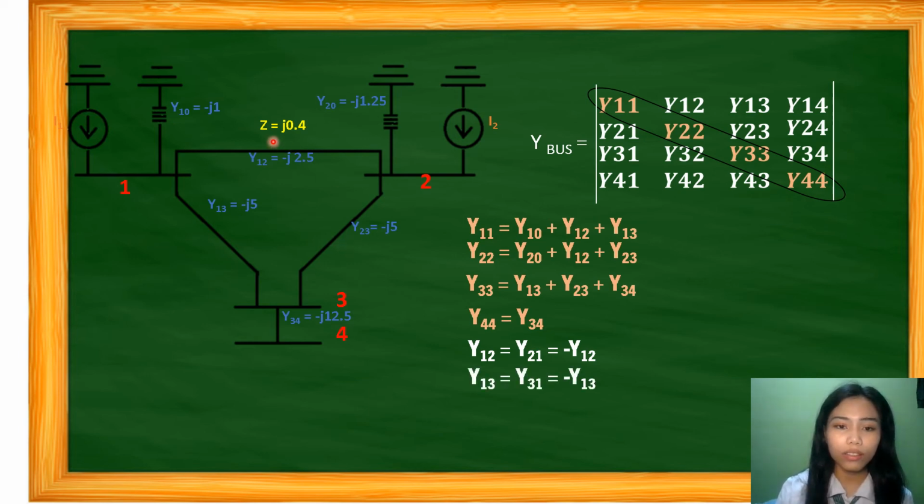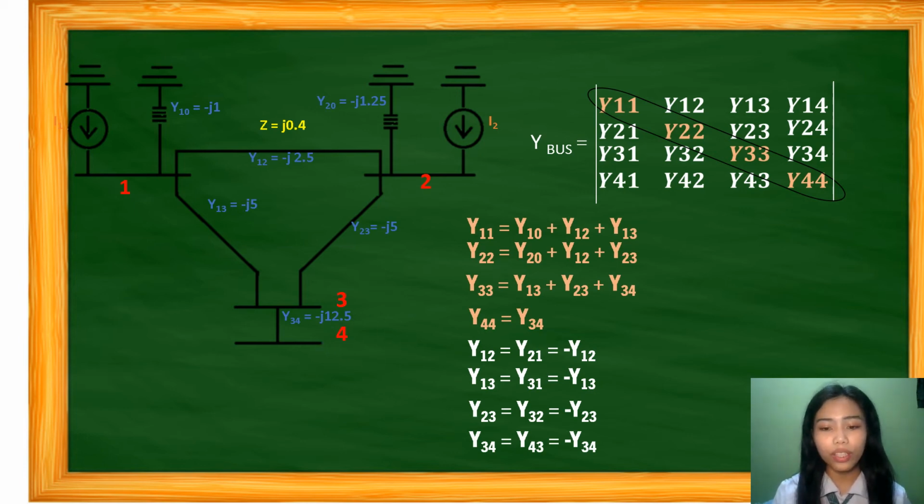Y13 equals Y31, then negative Y13. Y23 equals Y32 equals negative Y23. And Y34 equals Y43, which equals negative Y34.